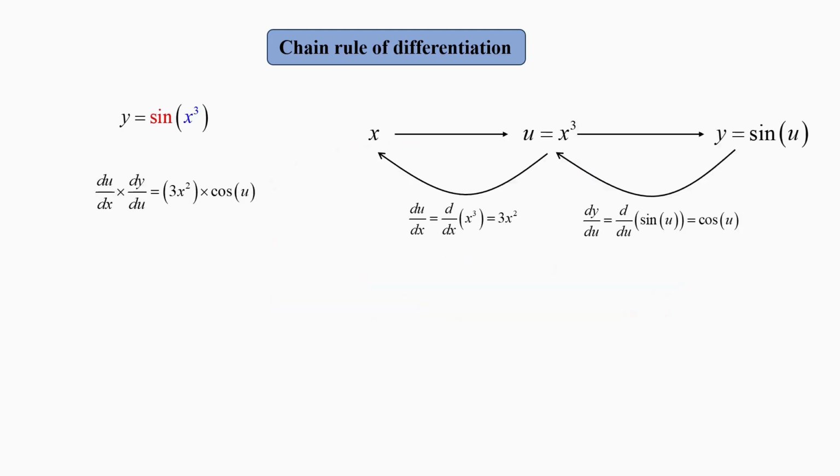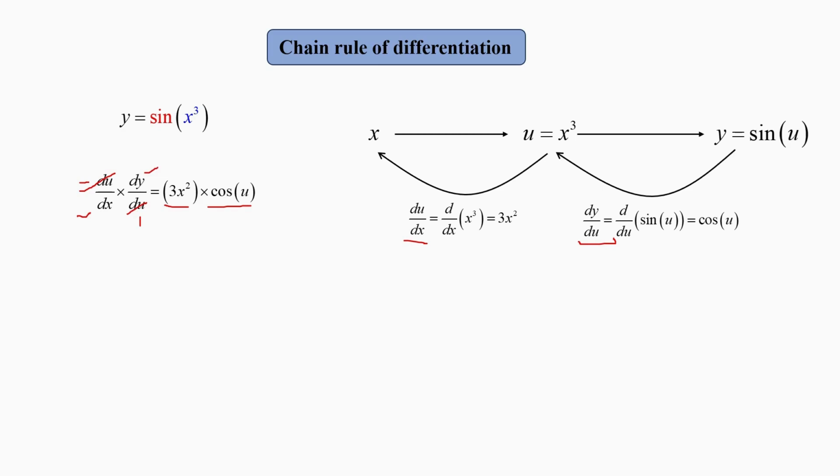Now let us multiply these two results to obtain the derivative of y with respect to x. After multiplying we get du by dx multiplied by dy by du. This becomes 3x square multiplied by cos u. Here you can notice that we have du in the numerator and du in the denominator. So we can cancel it out, and we will be left with dy upon dx.